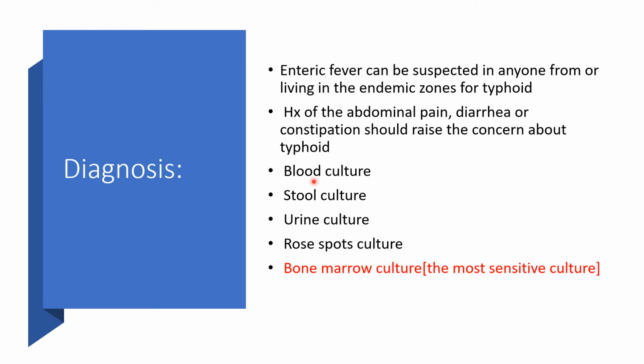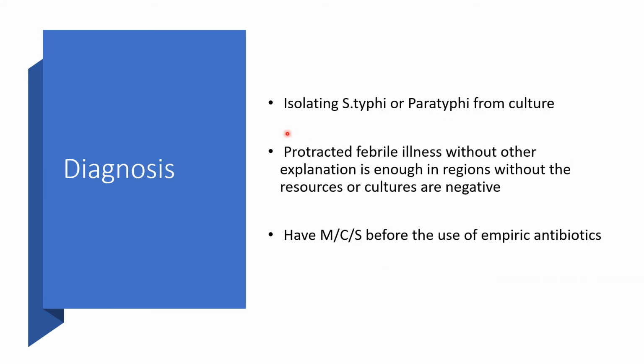So we can then embark on a gamut of tests to be done, like blood culture, stool culture, urine culture, rose spot culture. But bone marrow culture is the most sensitive. So isolating Salmonella typhi or paratyphoid from culture will be necessary.